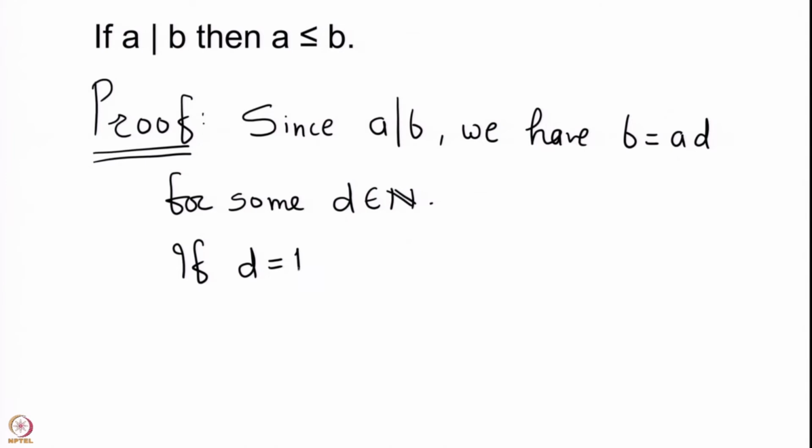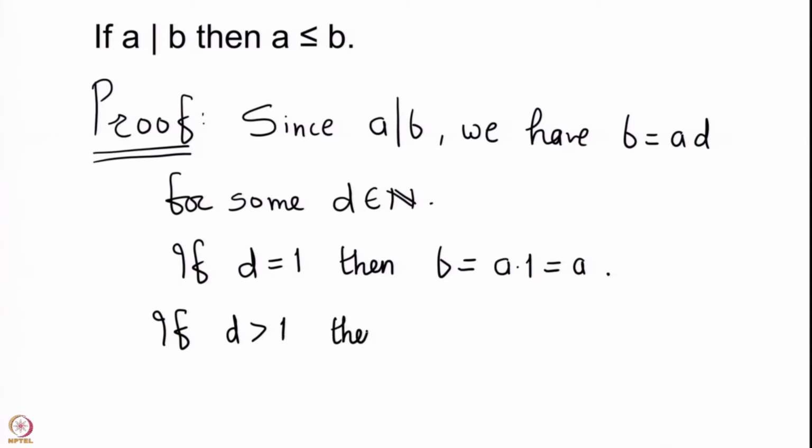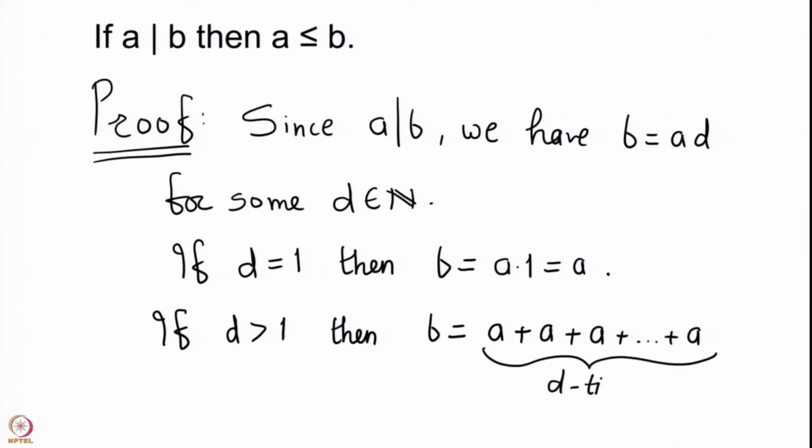So, if D is 1, then B is A into 1, which is A. This is one case that B is equal to A. Now, if I take D bigger than 1, then B is A plus A plus A plus A. How many times do we get this? This is D times.